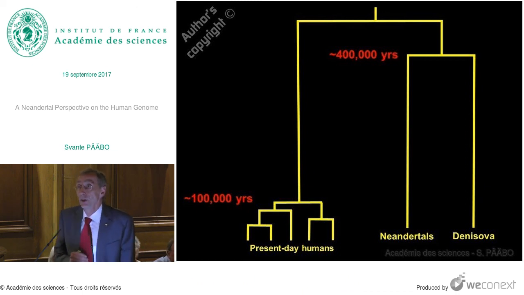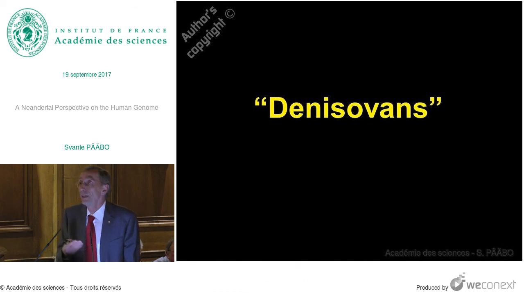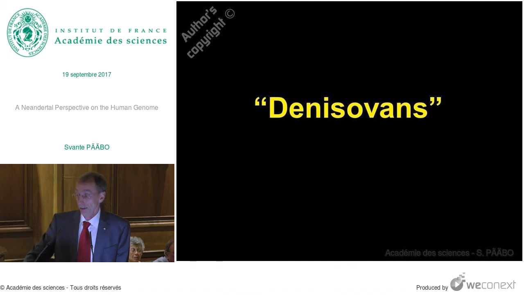And we debated a lot among ourselves and with our Russian colleagues what to call this group, and ended up calling them Denisovans. They are called Denisovans after the Denisova Cave, just as Neanderthals are called Neanderthals after the Neanderthal site in Germany.